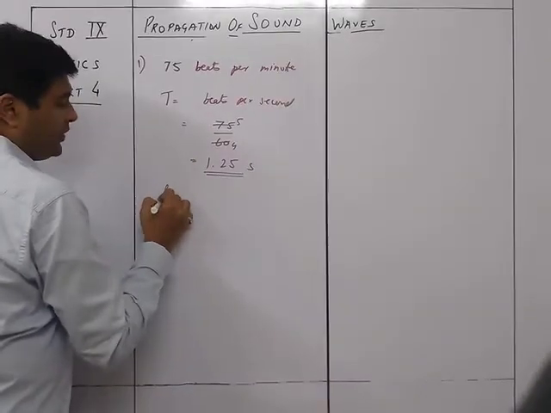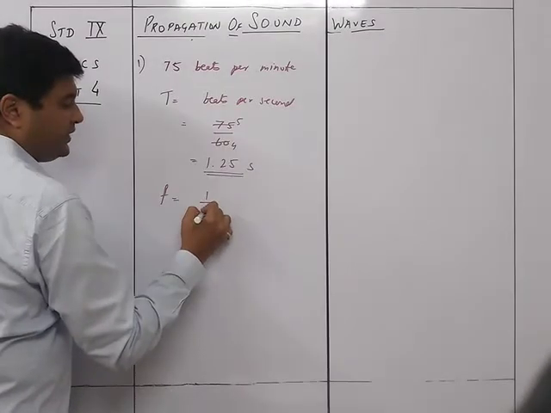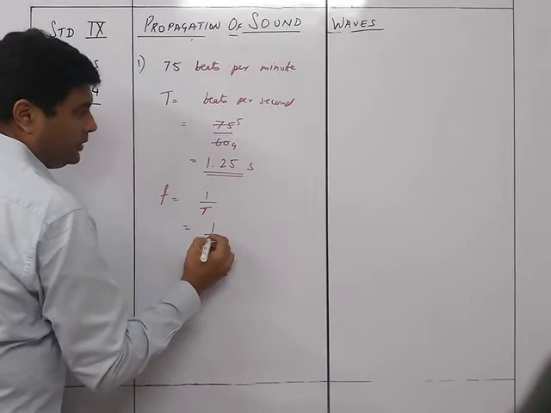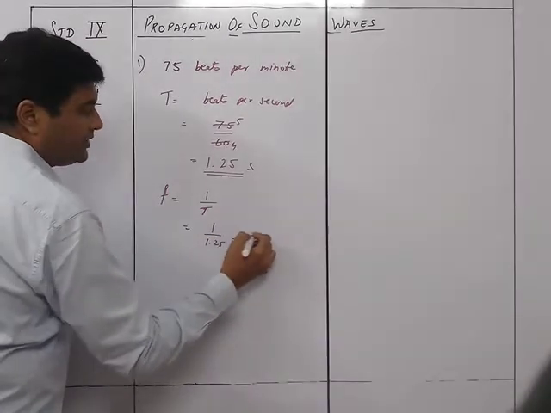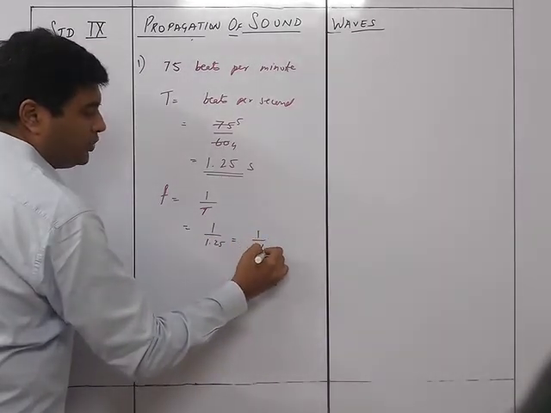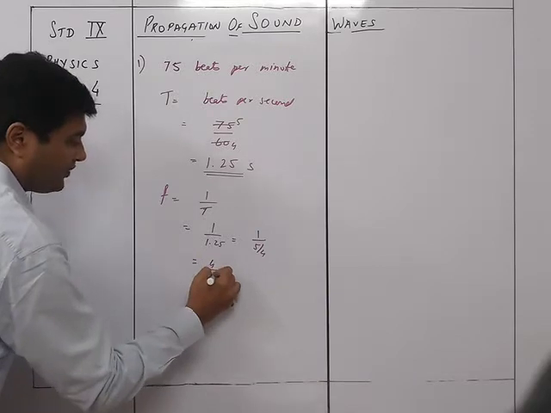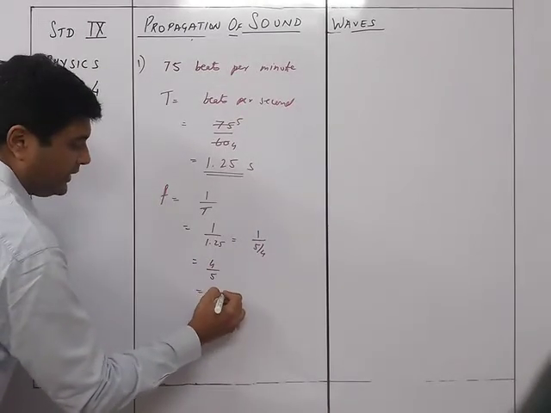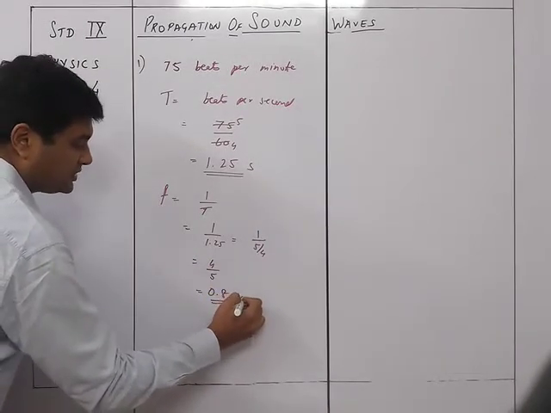And we need to know the frequency. Frequency is 1 upon T, which is 1 upon 1.25, or 1 upon 5 upon 4, that is nothing but 4 upon 5, which is 0.8 hertz.